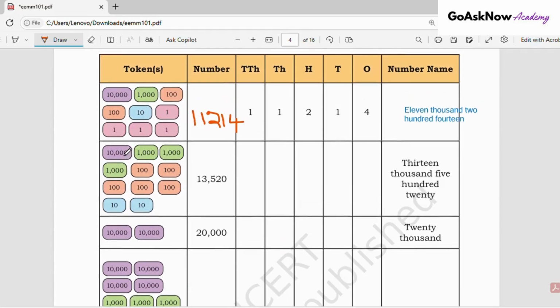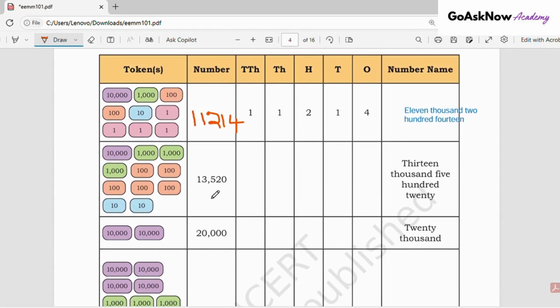Next, here there is one 10,000, then 3,000. Here hundreds, there is 5, then in tens there is 20, which is 2, then in ones which is 0, which is 13,520.